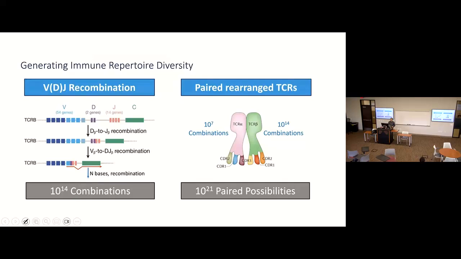For this rearrangement, they gave you 10 to the 14 power combinations, and then it becomes a dimer. So you have an alpha and a beta. Together, this gave you all the possible surface combinations of the receptor, 10 to the power of 21 pairs of possibilities.